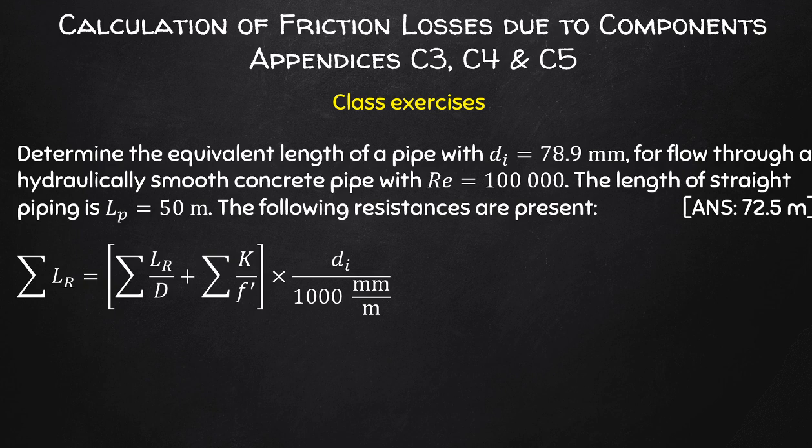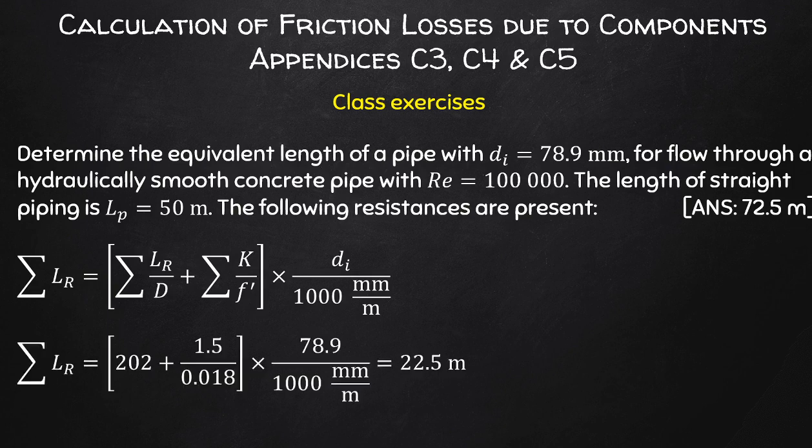We then multiply the sum by the diameter and make sure that you correct for the unit difference here. Oftentimes we use a millimeter for diameters, so just remember your units and make sure that you calculate meters instead. And what you should obtain is LR equal to 22.5 meter.